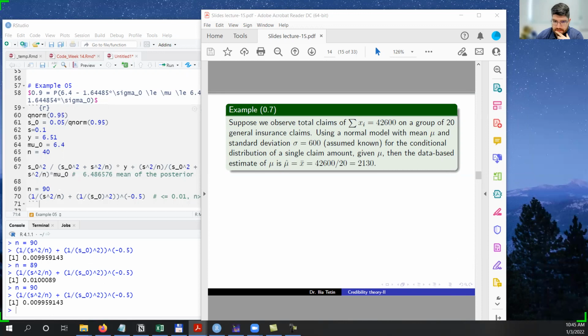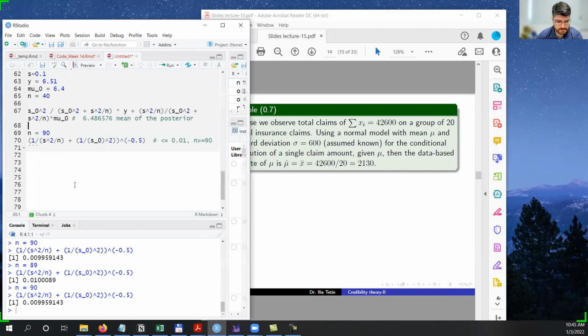Okay, so let's say that, I'll place it here. 0.7. Very hard question. So we adopt the normal approximation with 2400 and 150 squared. Let's say that as a prior for mu.